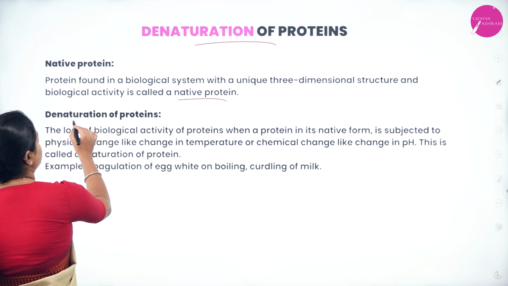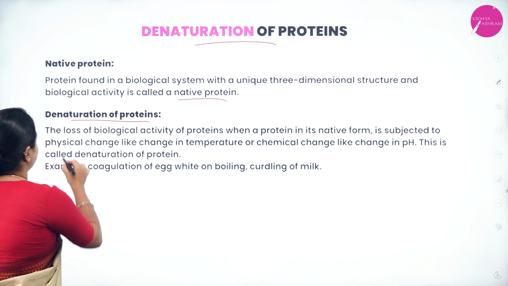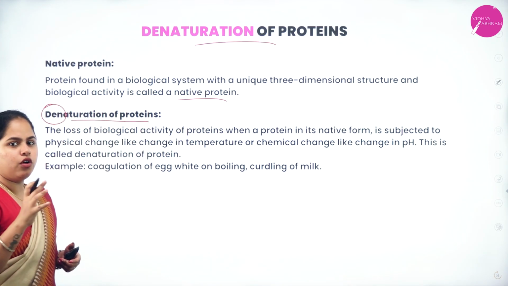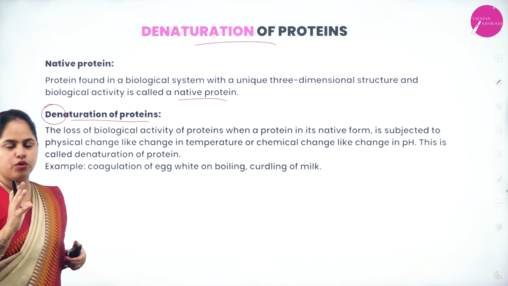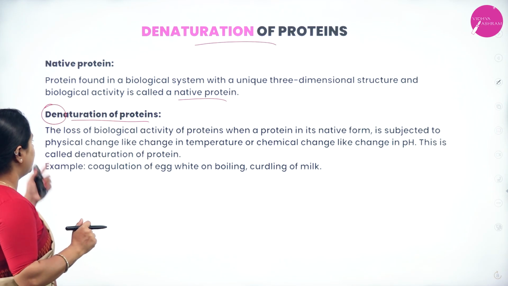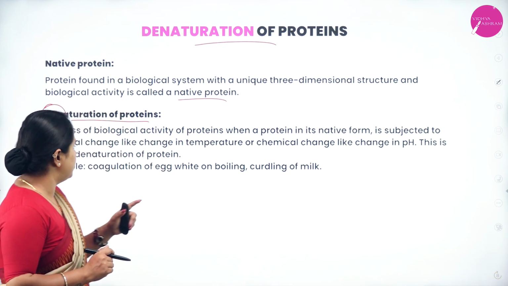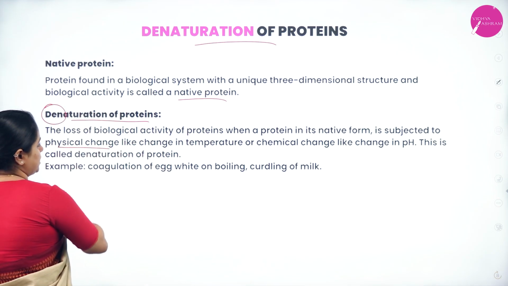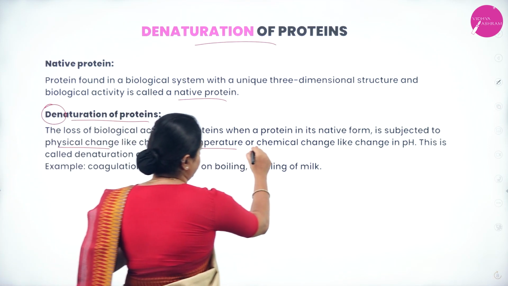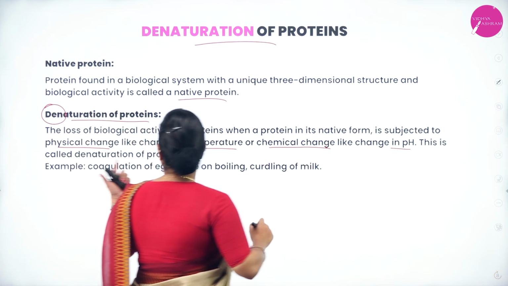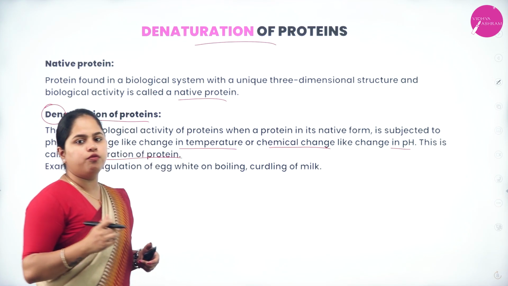Now, what is denaturation of protein? So from here itself you can say denaturation. We are going to alter the nature or function of the protein. So how can it be done? Let's see. The loss of biological activity of proteins. When a protein in its native form is subjected to physical changes like change in temperature or chemical change like change in pH, this is called denaturation of protein.